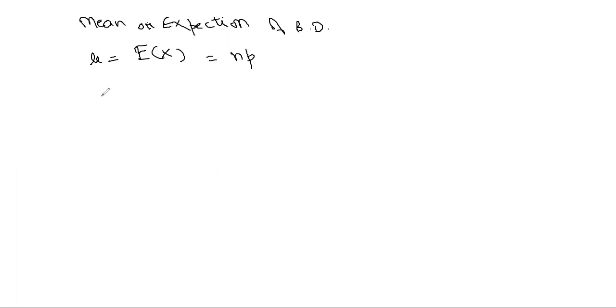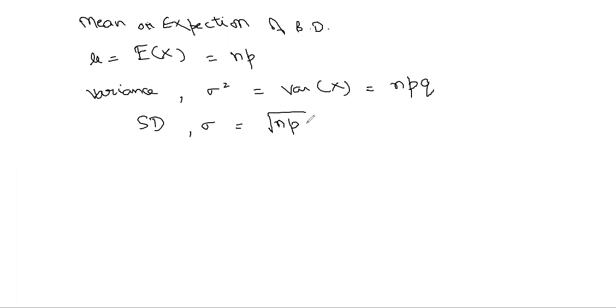The variance of the binomial distribution, variance of X, is actually npq. So the standard deviation of a binomial distribution is always the square root of npq.